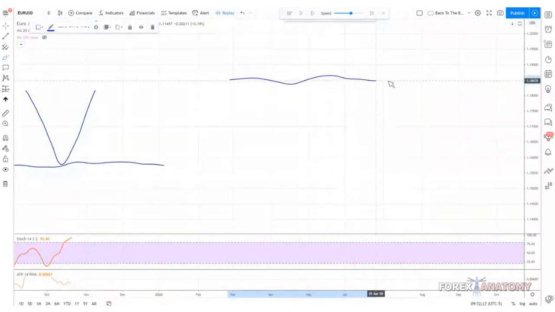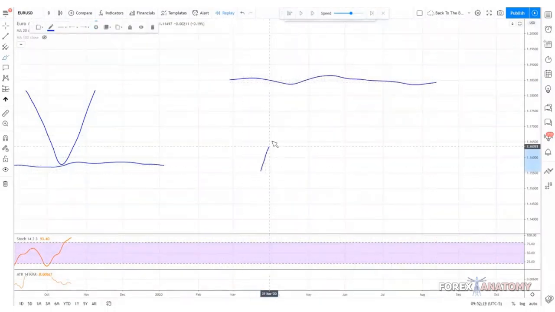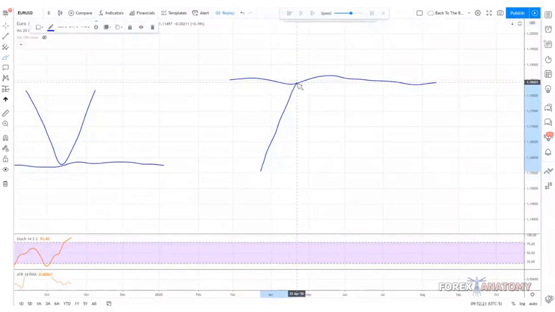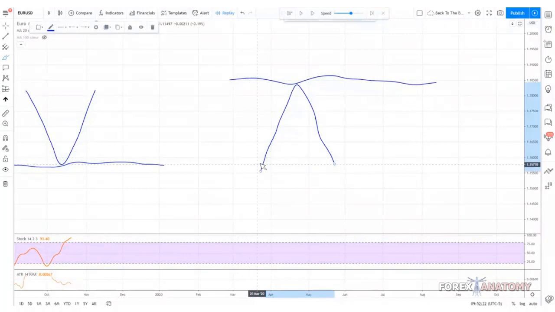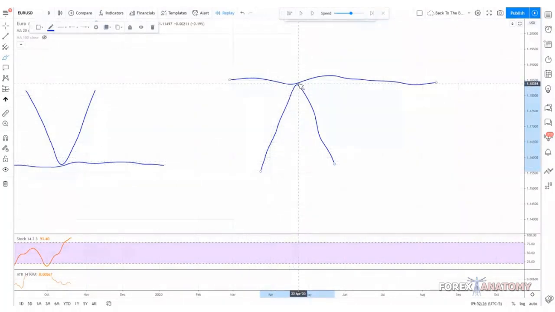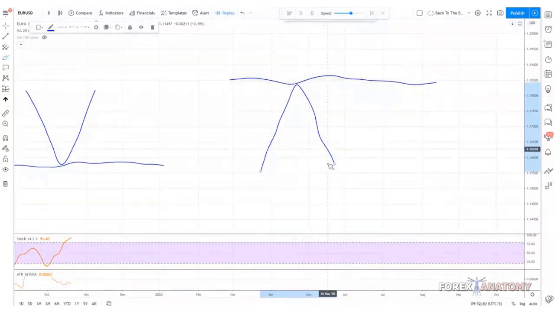So if you have a ball that you throw up to the ceiling, then you expect that ball to ricochet and bounce from that ceiling and head down. And that's what resistance is. Resistance is like a ceiling. Whenever price or a ball hits a ceiling or resistance, it's going to bounce from it and shoot down from it in most cases.